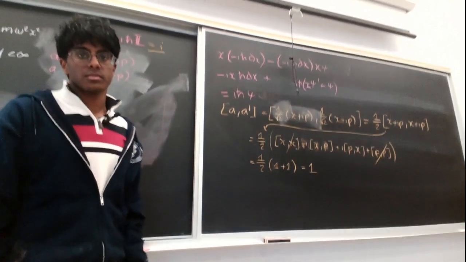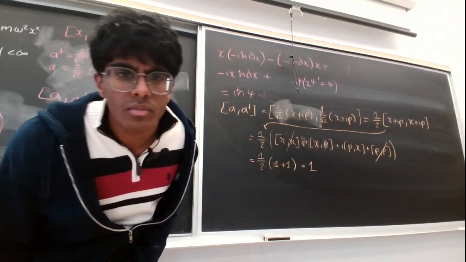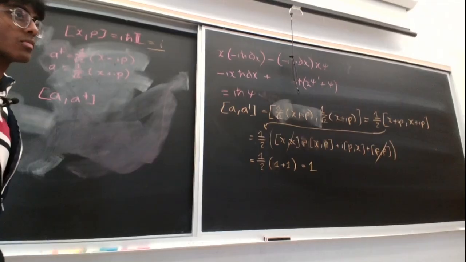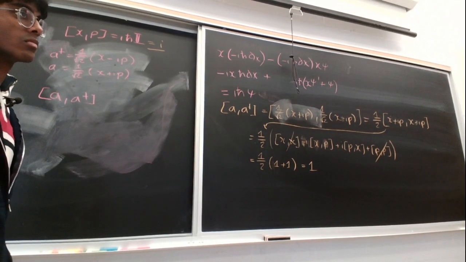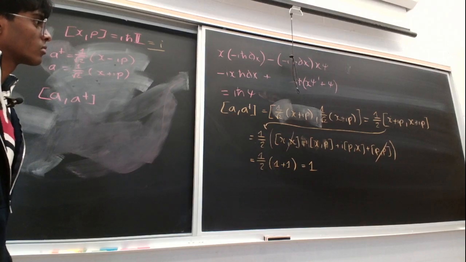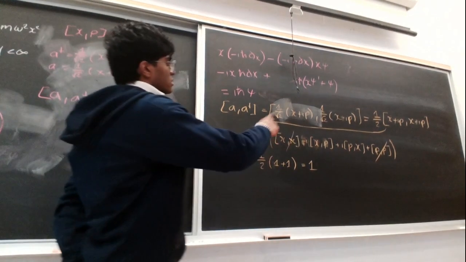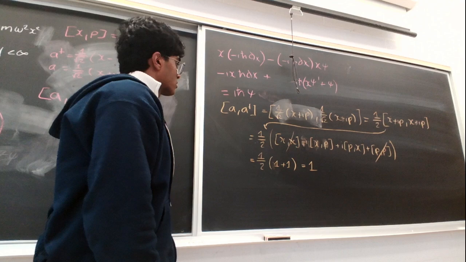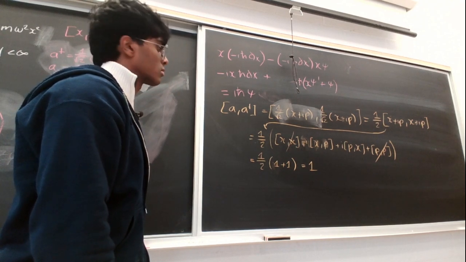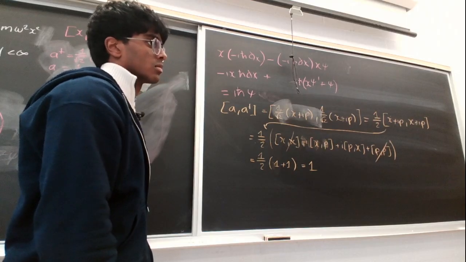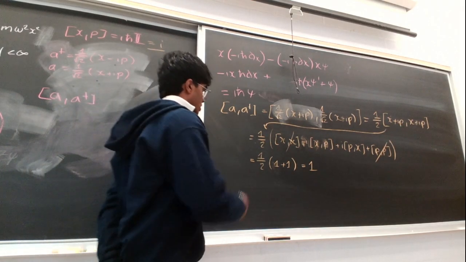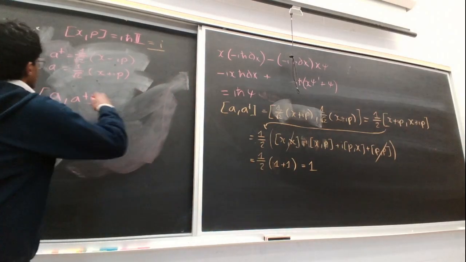X with P should be iH. So you want A with A dagger, so it should be plus with minus. I have X with P, that's a minus. X with P should be minus because I have a minus sign. Yeah, that's right. Okay, cool. And then that's 1. So we'll write this down over here. We can keep it.